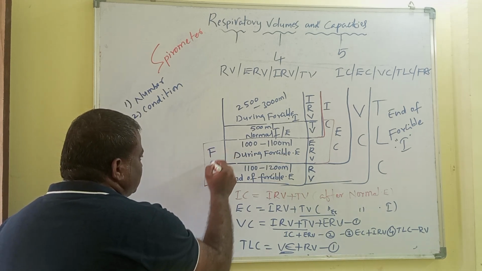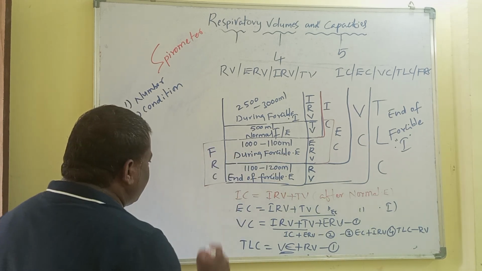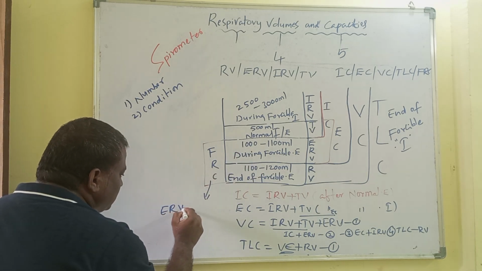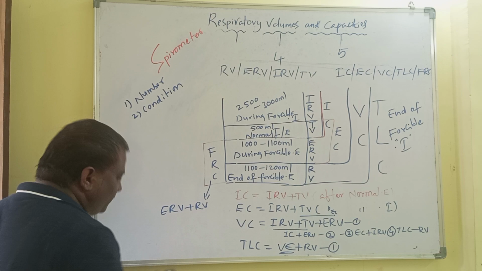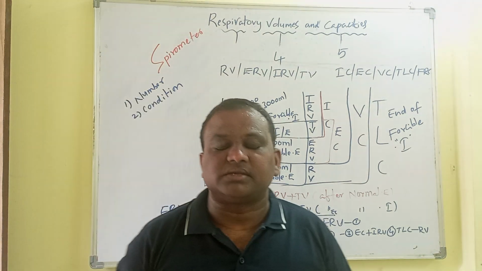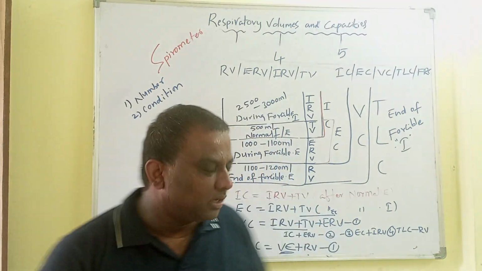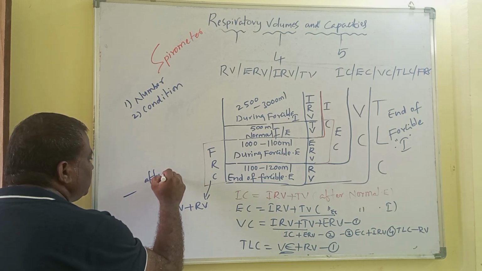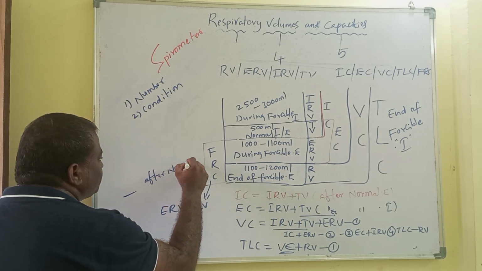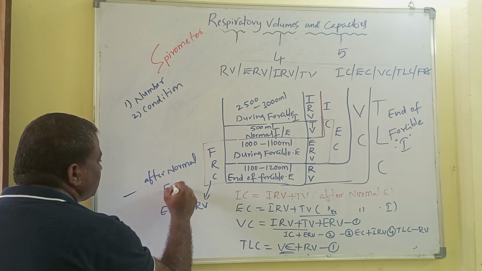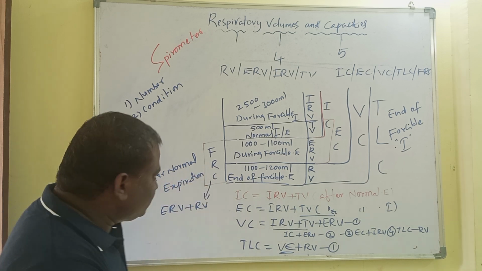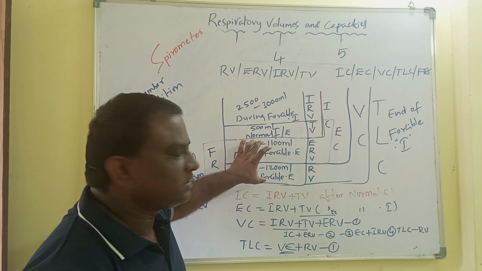So FRC is equal to ERV plus RV. It is the combination of expiratory reserve volume and residual volume. What is the condition here? After normal expiration, this much air remains in the lungs.